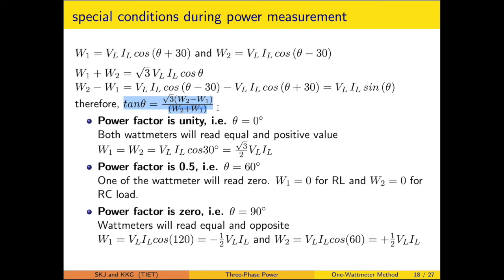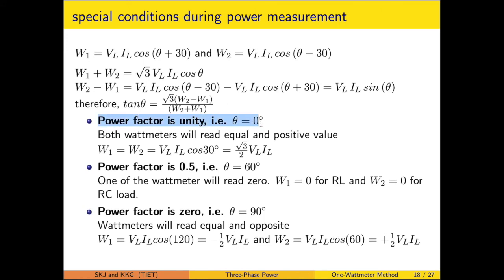So with the help of two measurements W1 and W2, you are able to calculate theta. Theta will be tan inverse of root 3 W2 minus W1 upon W2 plus W1. Once theta is calculated, the power factor can be calculated, and you can calculate the parameters of the load as if the situation demands. Now there are some specific cases which we have to keep in mind.